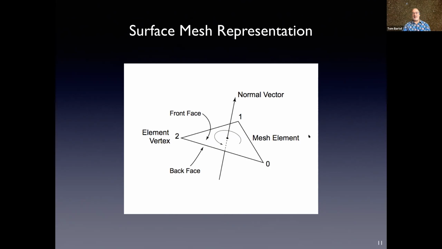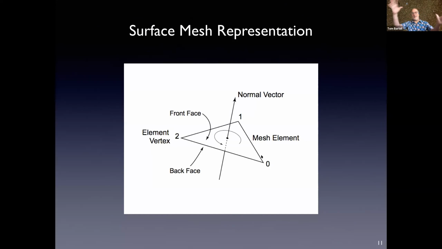The whole surface is made up of an array of mesh elements that are all connected together, in such a way that the next triangle over will share 2 vertices with the first triangle and will share 1 edge between them.